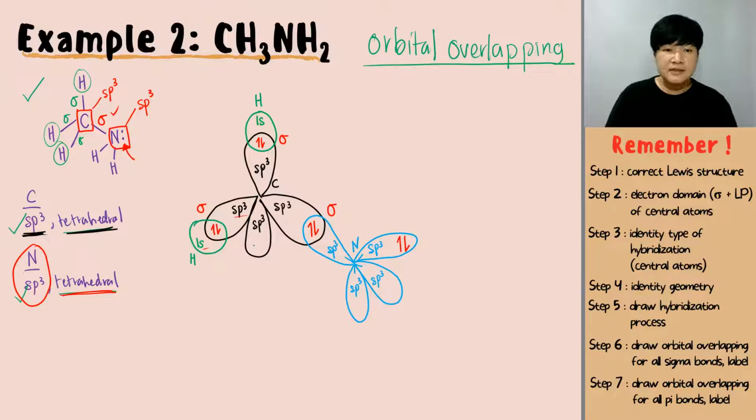Last but not least, another sp3 hybridized orbital overlaps with the 1s orbital of hydrogen, forming a pair of electrons, your sigma bond. Okay, the nitrogen also has 2 sigma bonds with hydrogen. So the 2 sp3 left over here in the nitrogen will overlap end to end with the 1s of the hydrogen.